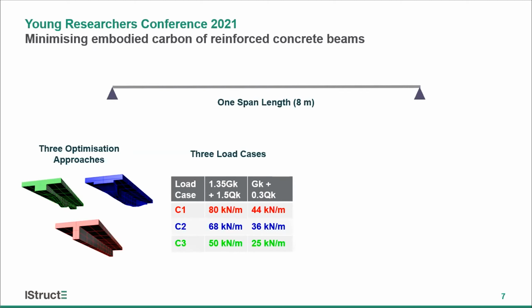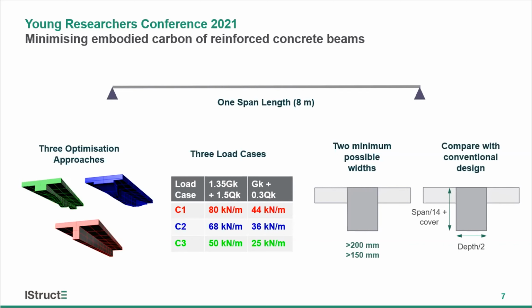To understand the effect of design load on the outcome of each strategy, I will use three load cases. Also, I will talk about two possibilities for the minimum possible width, because depending on how thin the beam can go, the outcome of these optimization approaches can change, as you will see. Finally, I will compare the outcomes with the conventional designs, which are based on conventional span to depth ratios and aspect ratios.